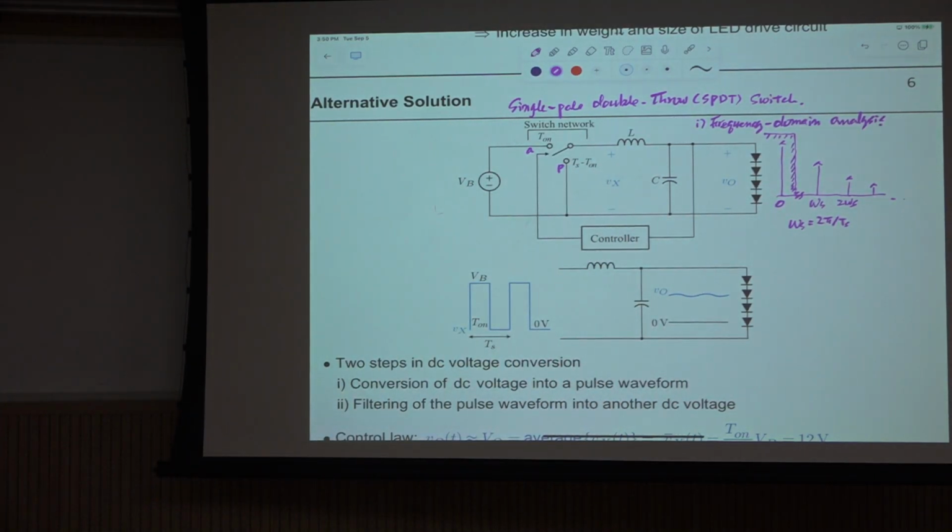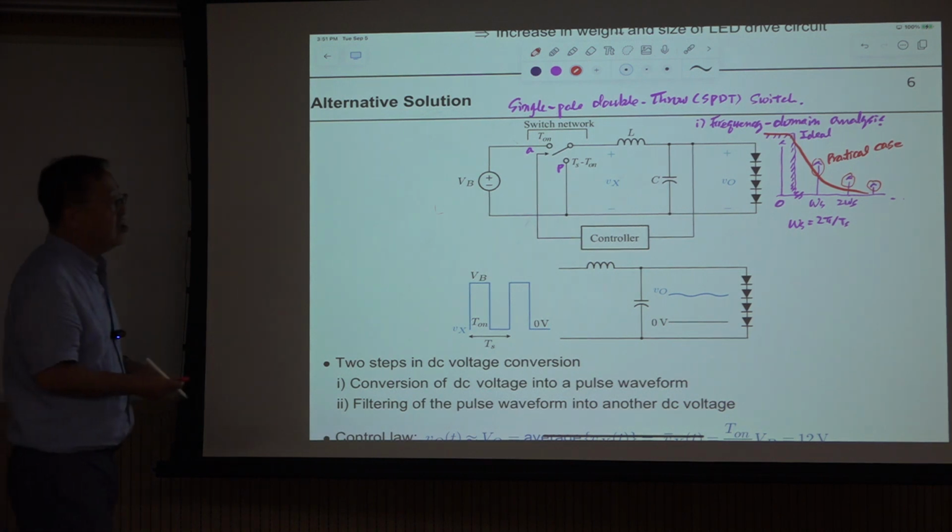So this is the ideal case. But in the practical case, it will be like this. This is the real low pass filter, so part of the higher order harmonics will pass through. So this is the practical case. This is the frequency domain interpretation of the ideal case and the practical case.